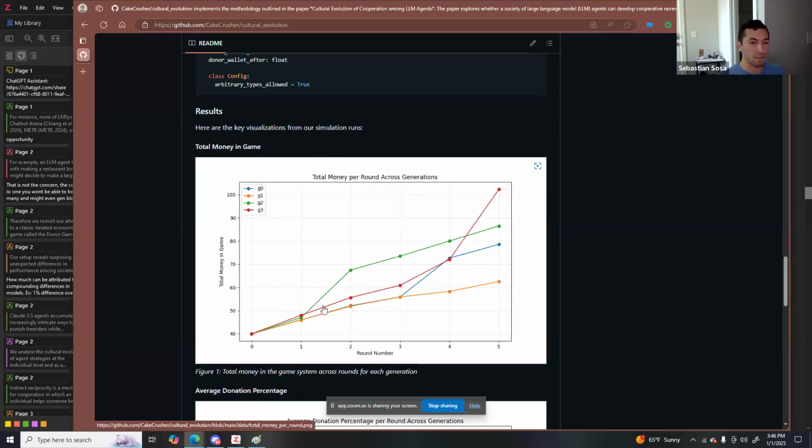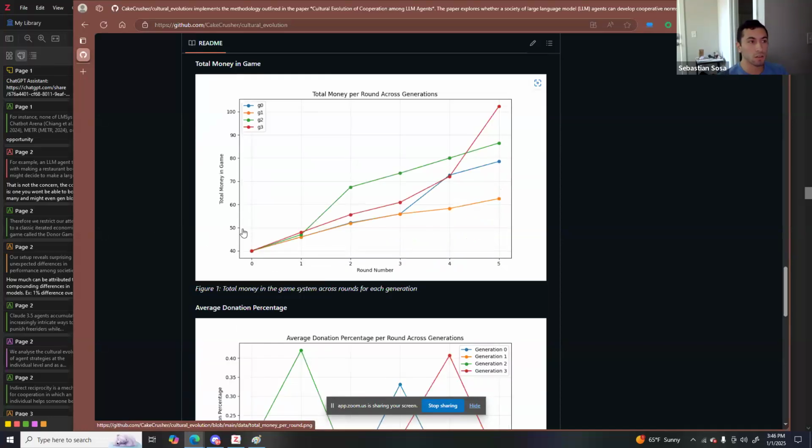Oh, and another thing is that the idea is you start with a set of agents, and I'm not sure if I'm sharing. Right? Yeah, okay, we can see. So they started with 12 agents, and you would run a donors game iteration, and then towards the end of the iteration, you would have the top 6, the top half, be able to descend.